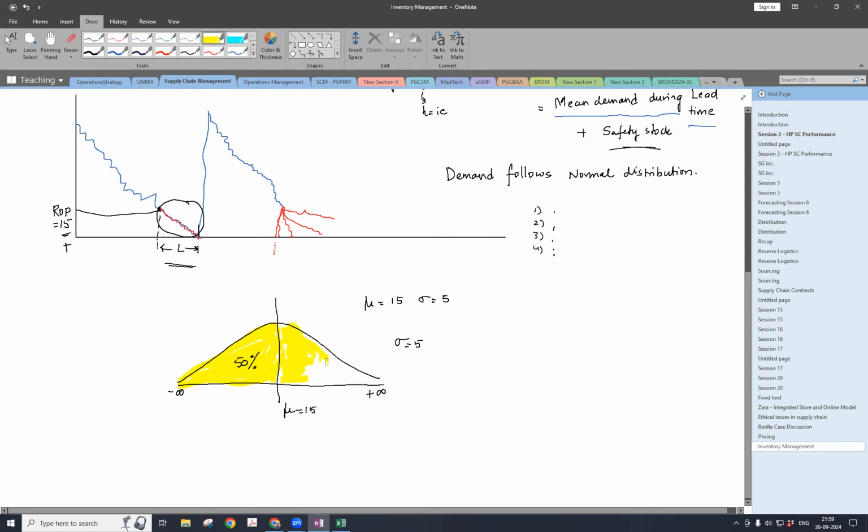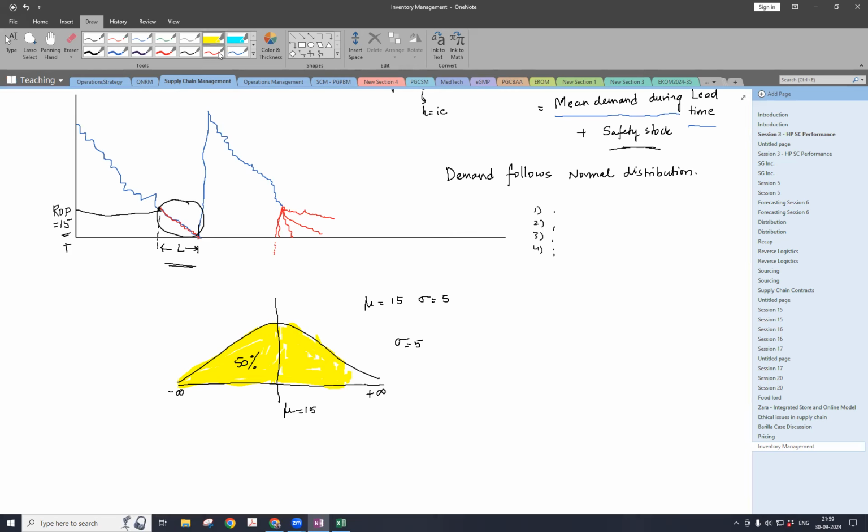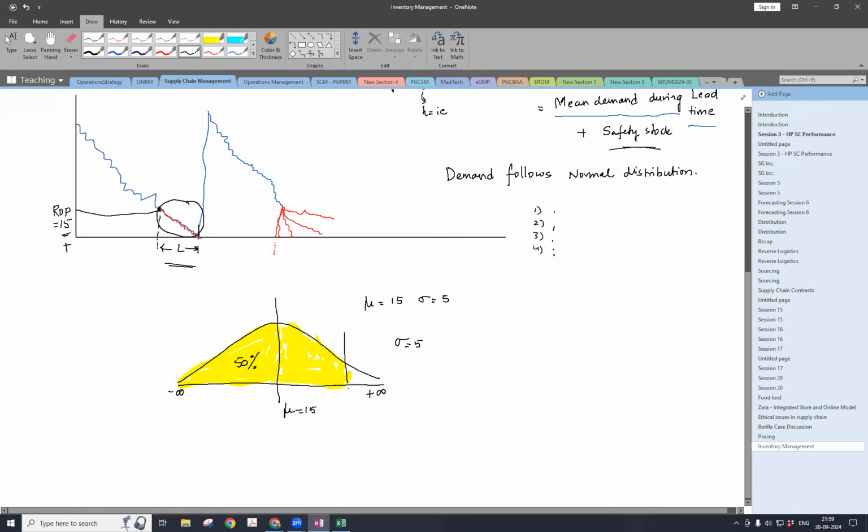Now, this type of service level, which we are going to look at, is what we refer to as the cycle service level. So if we are setting a reorder point over here, which is not only the mean value but also this extra safety stock, then there is a chance that we are going to go 50% plus something. So let's say this is 40%. That means 90% of the demand is met, and 10% is still not met.